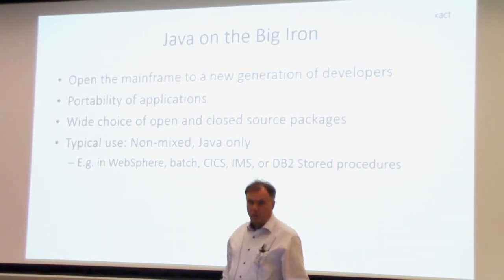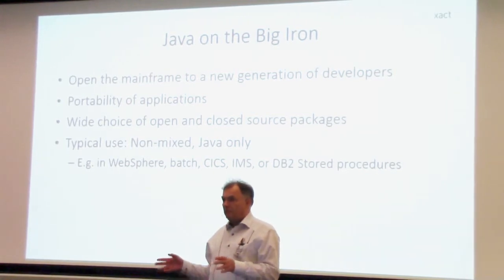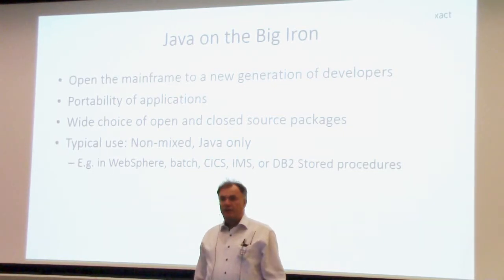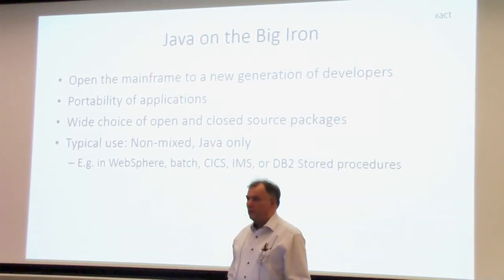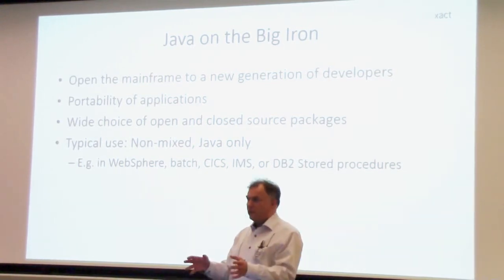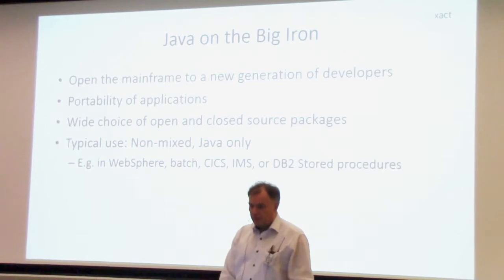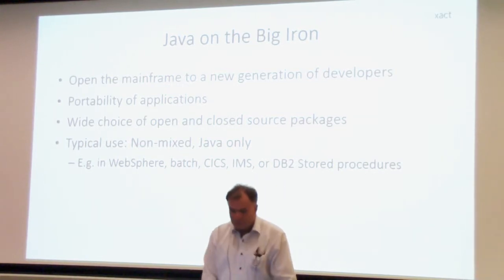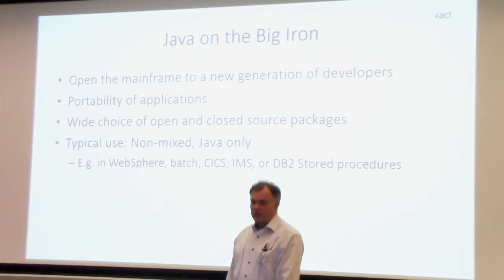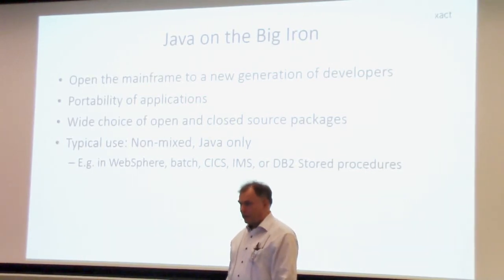I've been trying to port applications from distributed platforms to the mainframe, to batch, and to CICS in Java. And generally, it works very well when you look at the functionality. You can take a Java application and move it, and you can run it on the other platform in most cases. What we have in Java is a very wide choice of open and closed source packages.